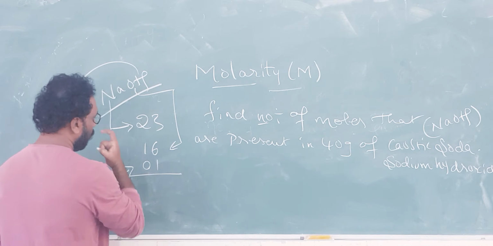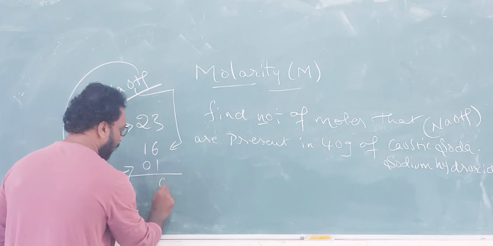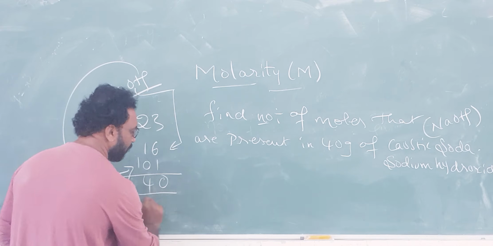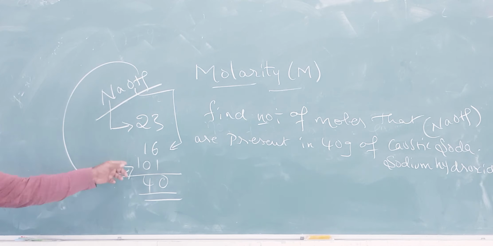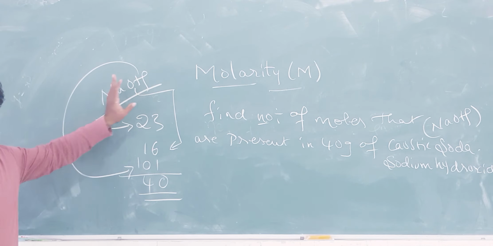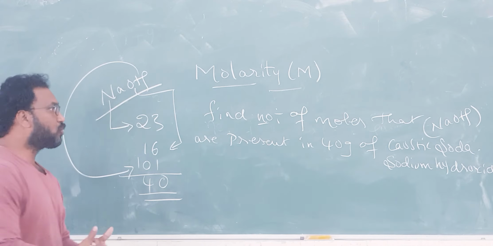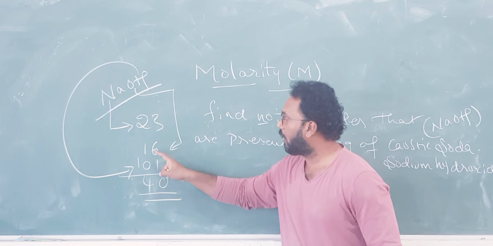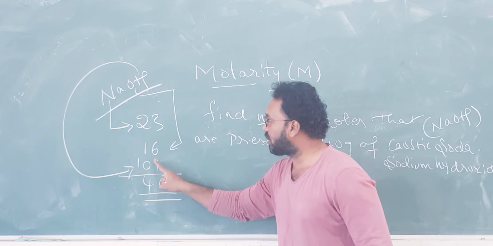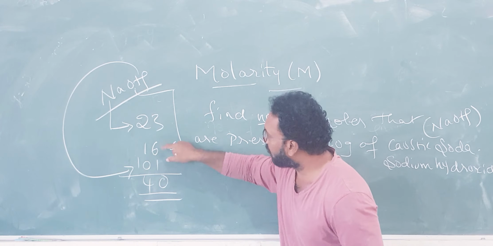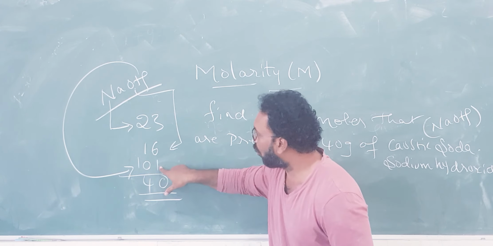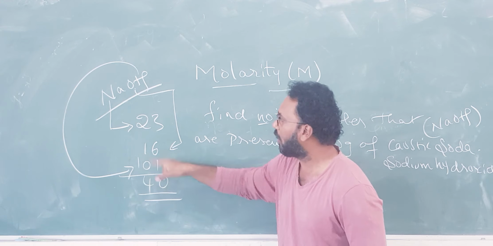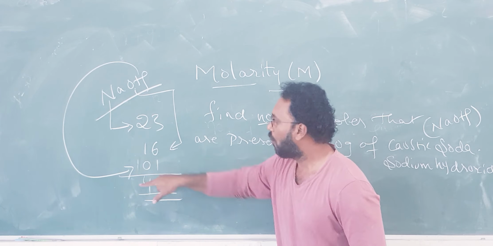So here in total we get 40. We calculated the atomic masses of each individually: 23 for sodium, 16 for oxygen, and 1 for hydrogen, which totals 40.